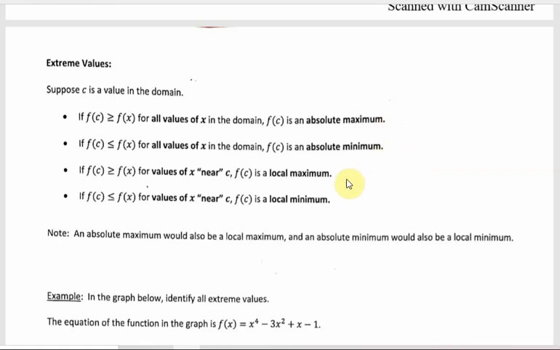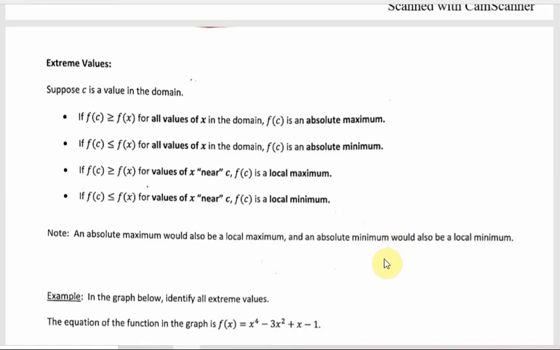And then what are these local maxes and local mins? Well, that's where you would have either a peak or a valley, but there's some other point on the function where you can have points that are higher or lower, respectively. And this is much easier to see graphically, but in words and symbols, this is what the definitions would be.